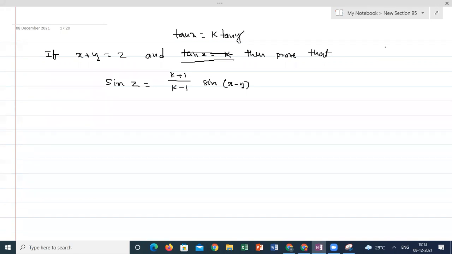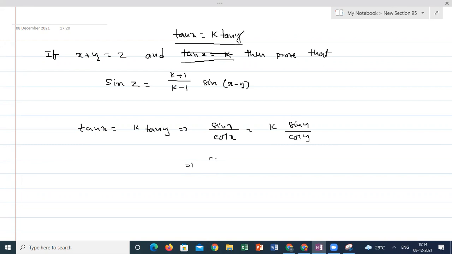Guys, anyone want the answer? It's also very simple. This is the key information here. Tan x is equal to k tan y. From here I can write sin x by cos x is equal to k sin y by cos y.